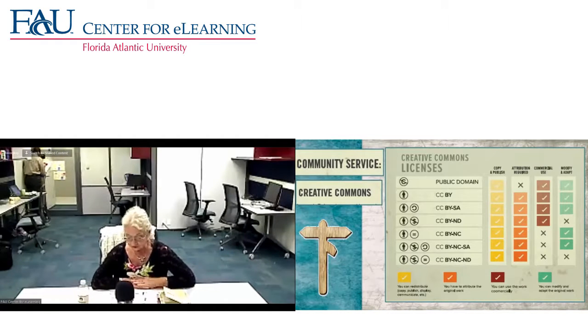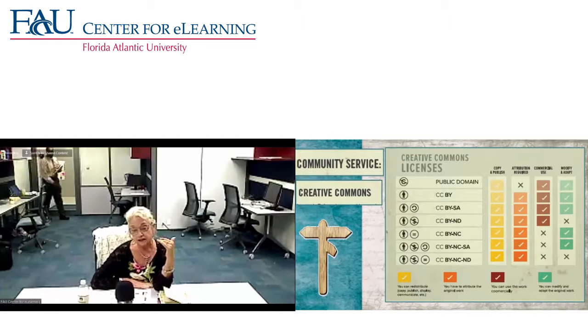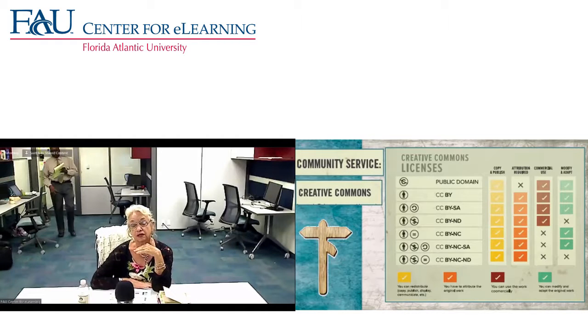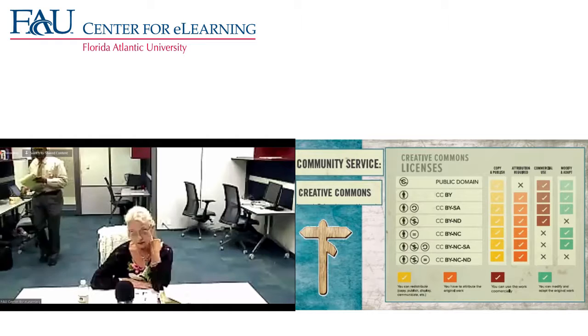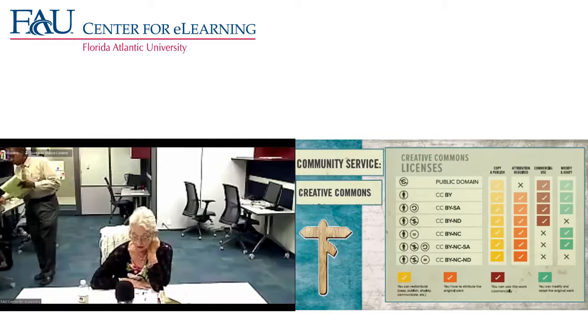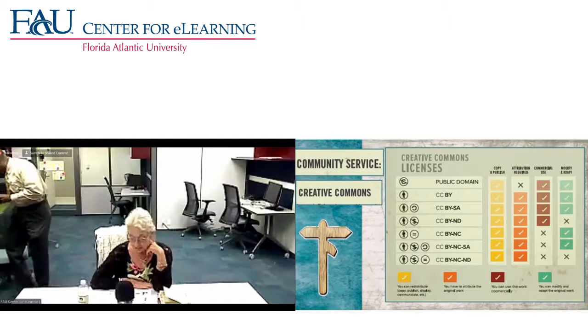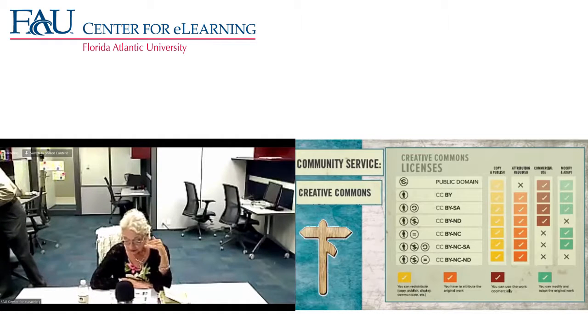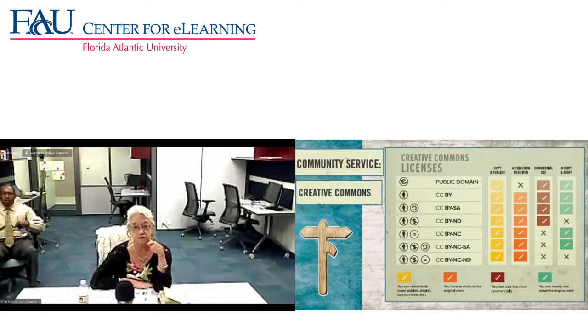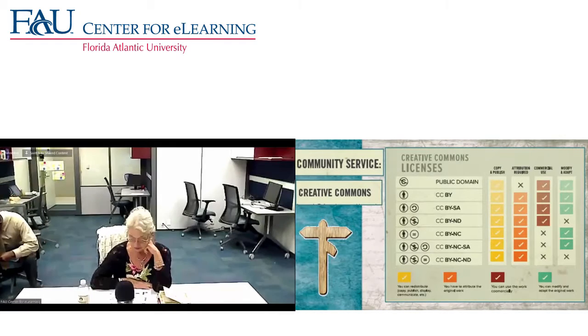And it tells us exactly what those things mean when we're looking at the whole Creative Commons licensing. So the most basic one is the one that says CC with the word BY next to it.